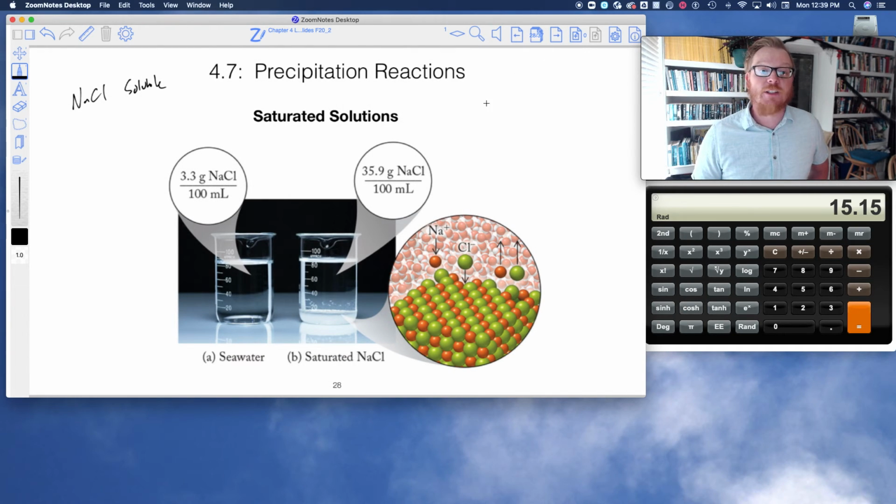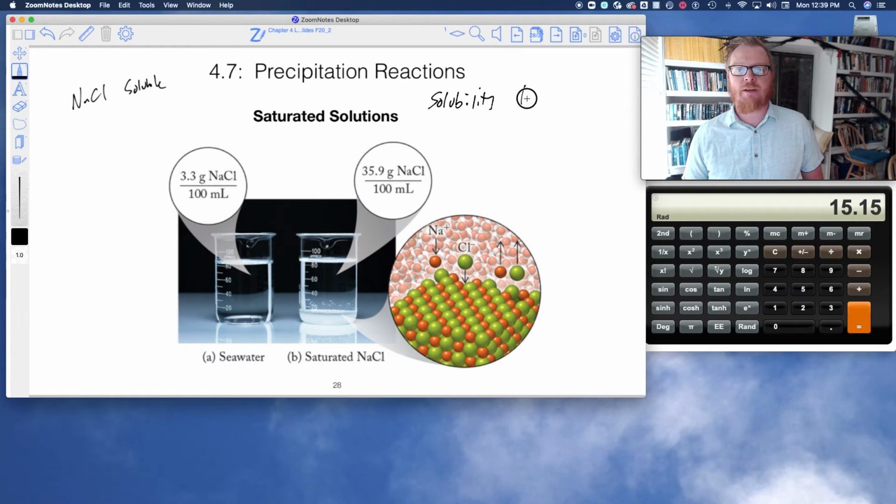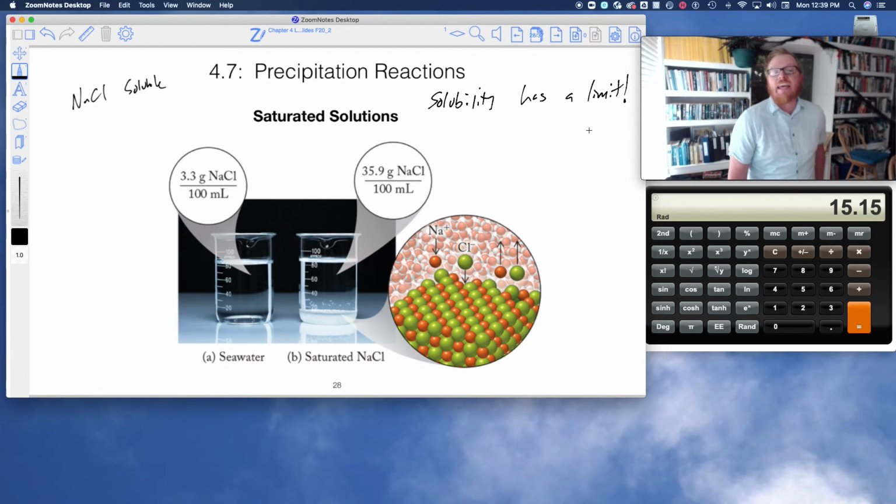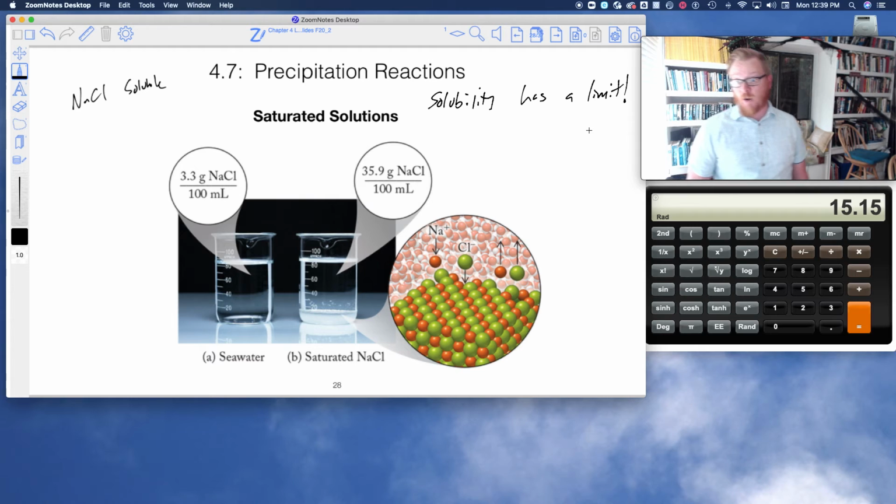However, the solubility of everything has a limit. So let's say that solubility has a limit. So you can't put an infinite amount of sodium chloride in water and dissolve it.